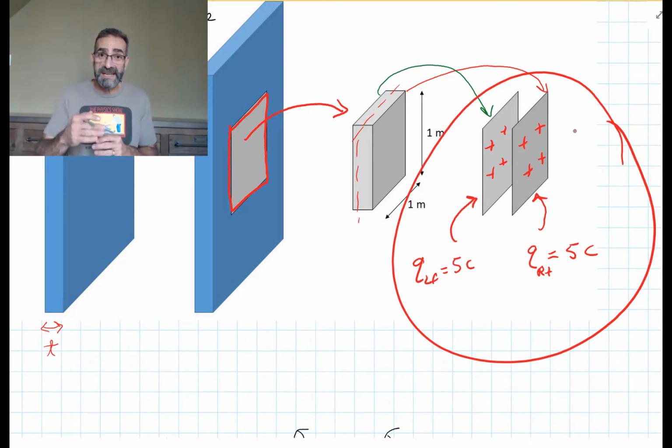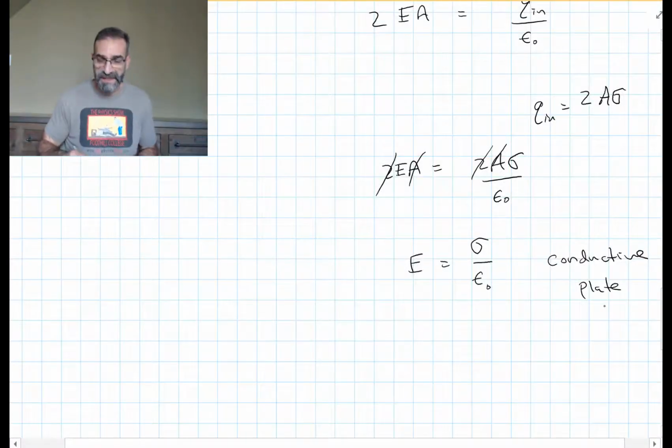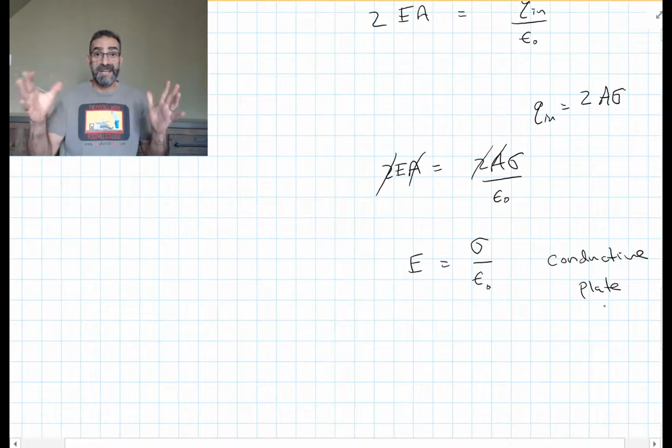It's just that the sigma is different for the insulator than for the conductor, because sigma is charge per unit area, and we have to look at only one side of our sheet or plate. We can't count the area on the opposite side also. I hope that's clear. That's our electric field outside of a conductive plate.